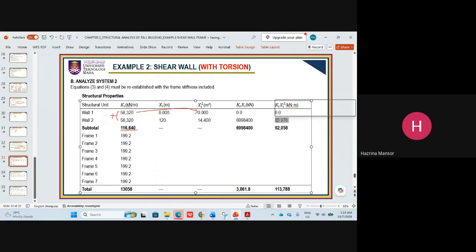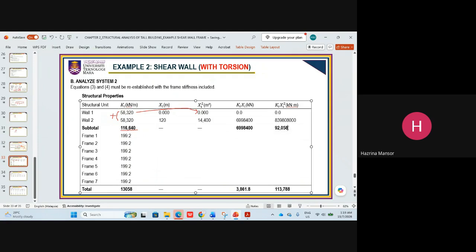So KIXI squared, you can calculate the value of KI and XI squared. So you have 58,320 times 14,400. So you get around 808,000.